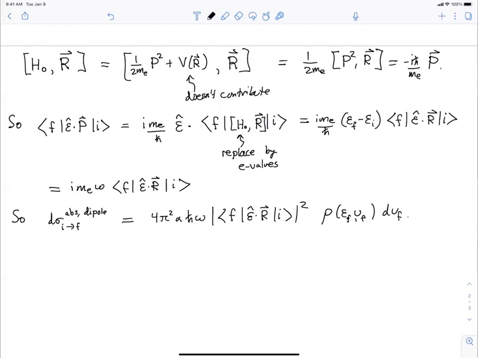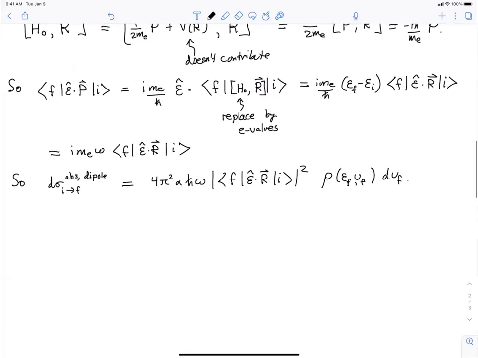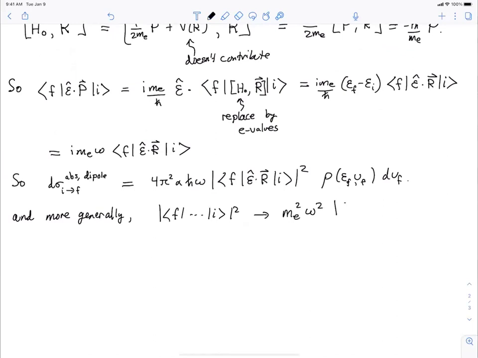Okay, and more generally than that, in all the different versions of this formula, like for the rate or for the emission, so more generally, in this approximation, we get to replace the matrix element squared by the mass of the electron squared, the frequency squared, times the corresponding matrix element of position instead.